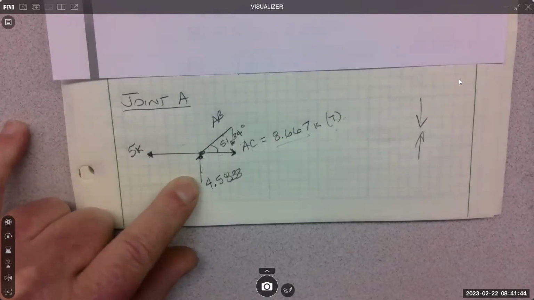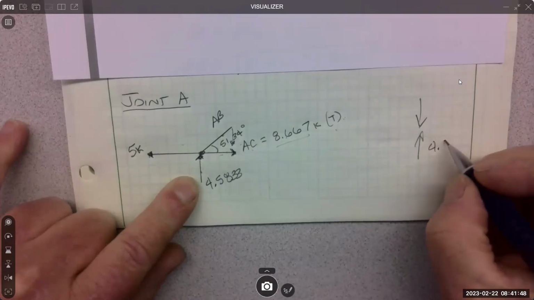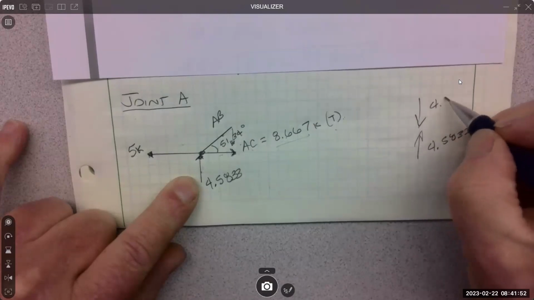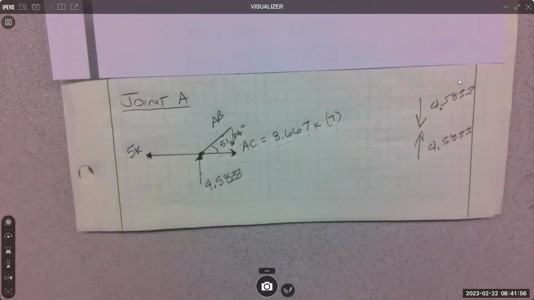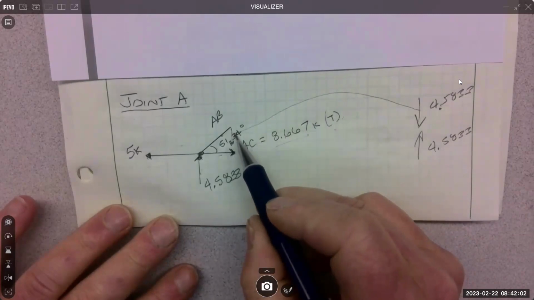That's what Newton said. So I got 4.5833 going up. I need 4.5833 coming down. I have to have it. So that is this little component right there.